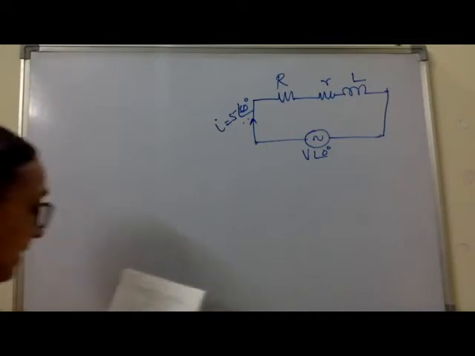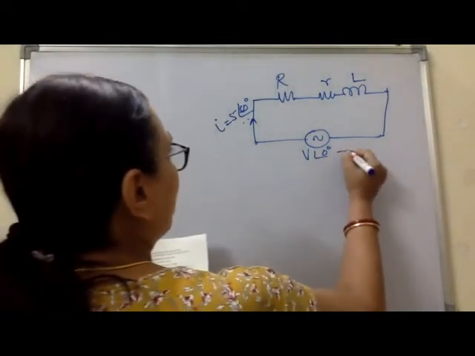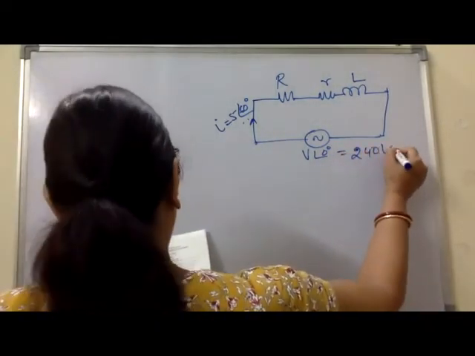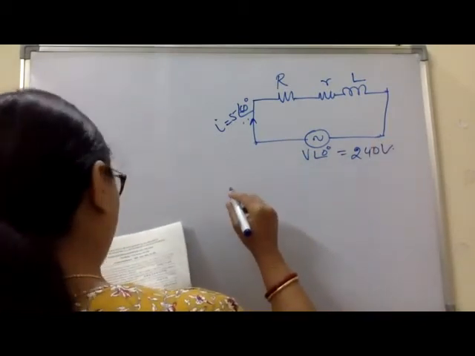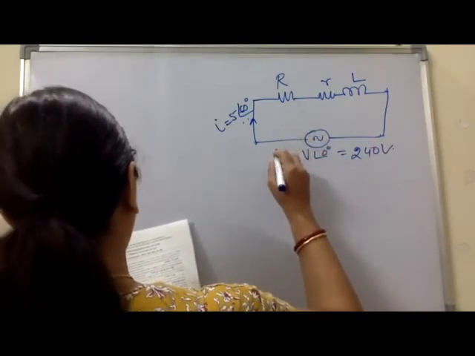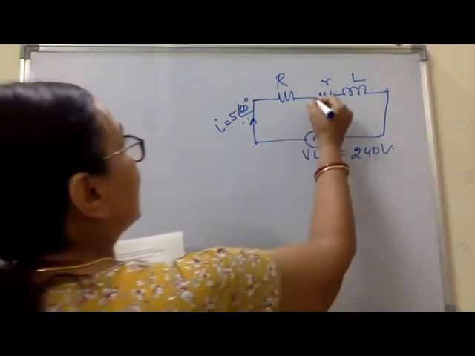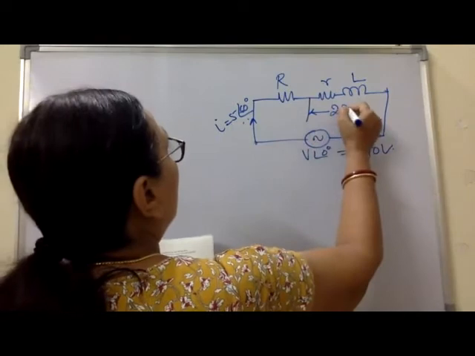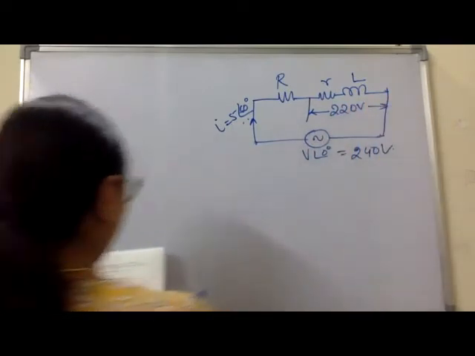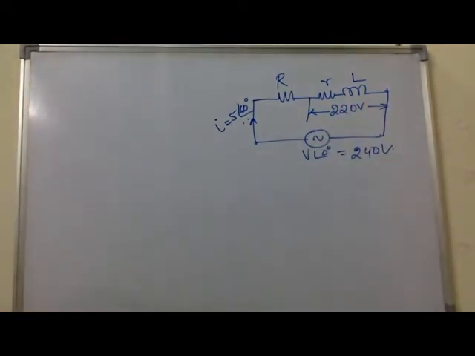The given thing is that the applied voltage is 240 volts and the voltage across the coil is 220 volts.